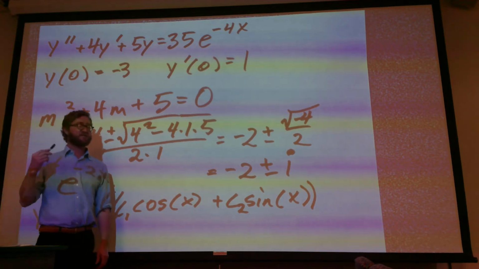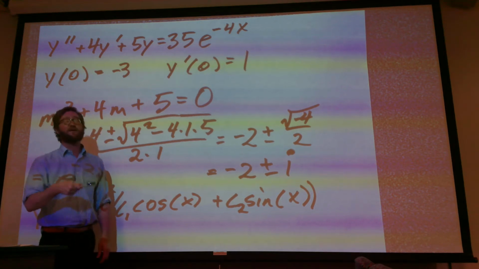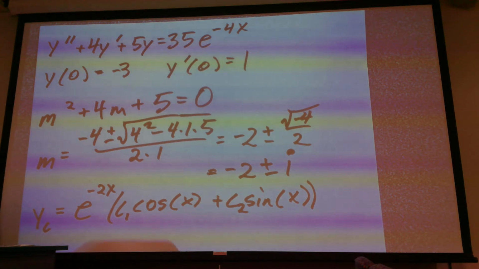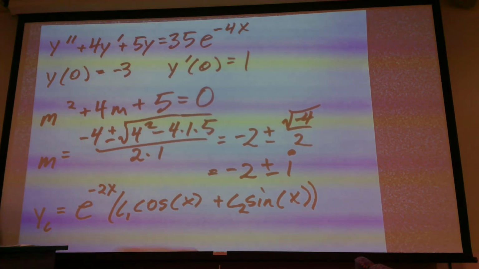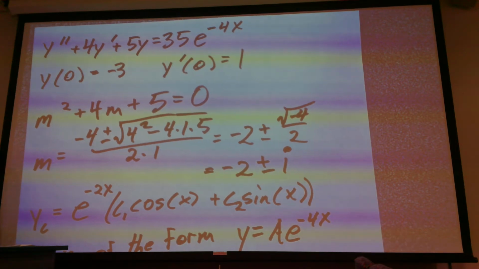But I want the particular part, as I plug it into that differential equation, to spit out an e to the minus 4x. So that means that y sub p is of the form a e to the minus 4x. Oh, sorry.